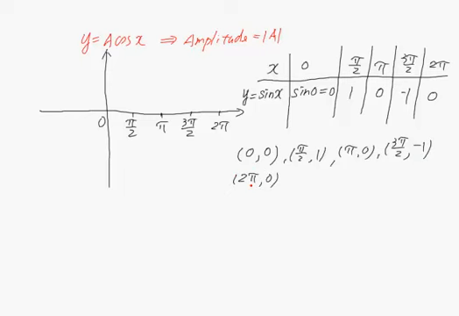And when you plot these 5 points, you may use the approximate value for the half pi. Half pi is approximately equal to 1.57. So that means you may just use 1.57 as approximate for this half pi. And similarly for the pi, 3.14, and 3 pi over 2 and 2 pi. Then you plot them in this way.